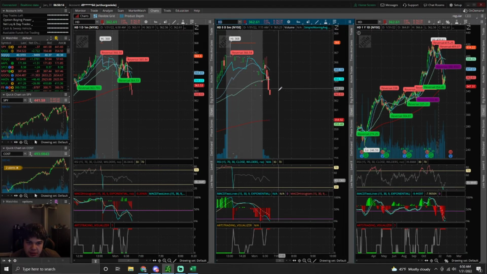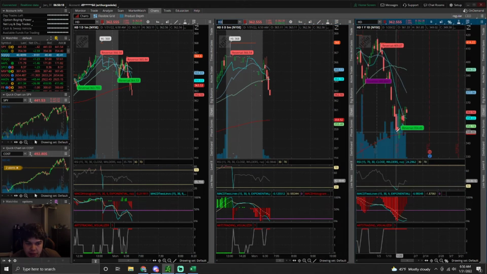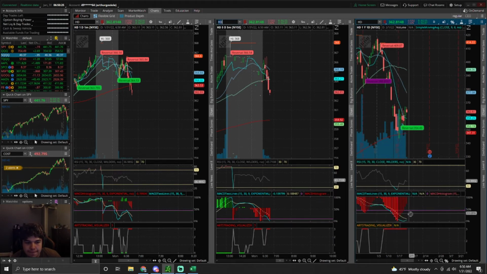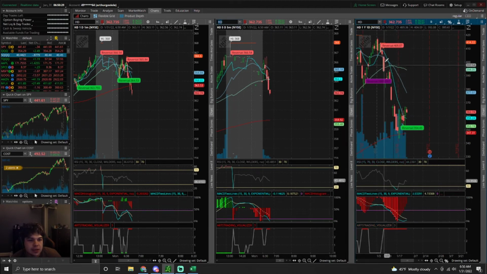You fell below 50. Maybe PT is like 360 on Home Depot. I'd be careful of this crossover potentially happening on the histogram and on MACD right here. This may even turn into a bear flag, but if you can get above maybe 367, you gap fill up to 371, but if you fail right here, you dip down to 359.